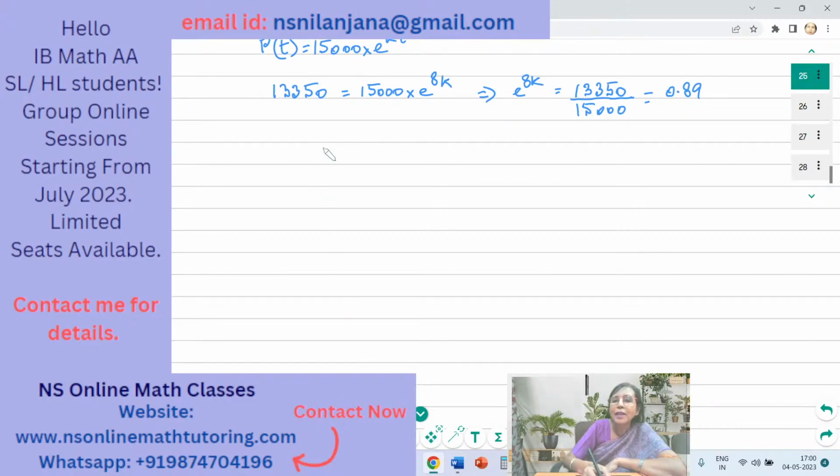So taking the ln of both the sides, because this time we are having e, so I'm taking ln. So 8k times ln of e is equal to ln of 0.89.